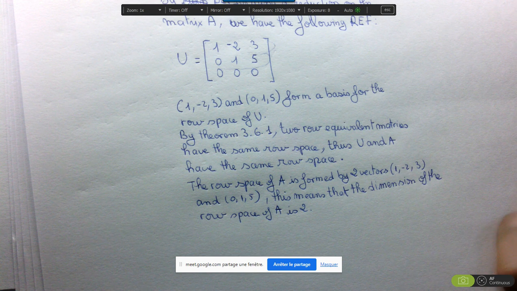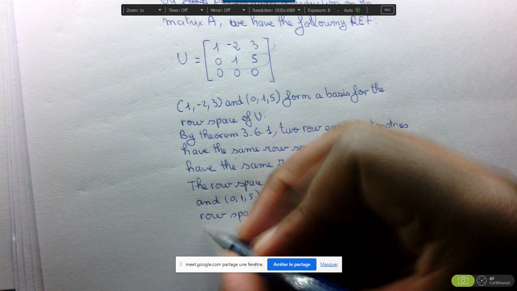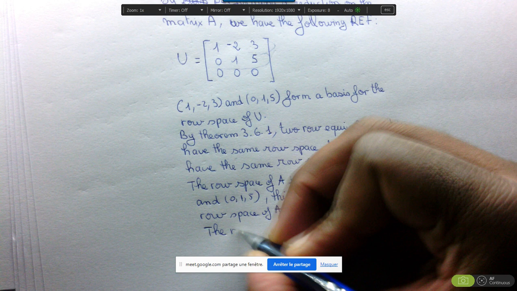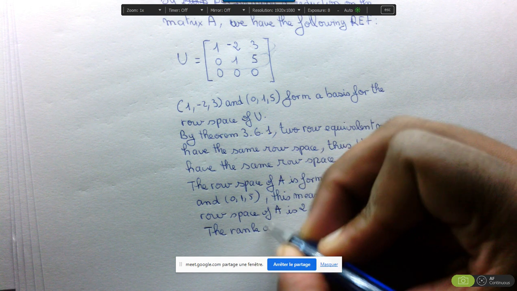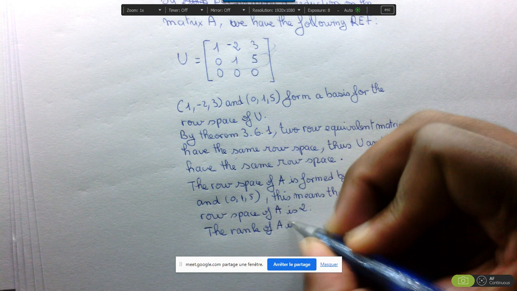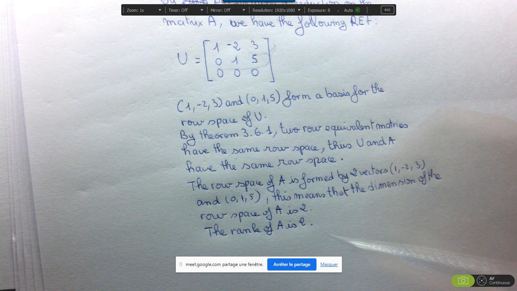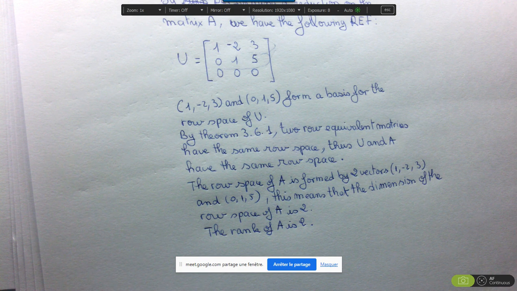So that implies that the rank of A is 2. So here we have answered the question that we were asked: to find the row space of A, and also its rank, and that's what we have done in this example.